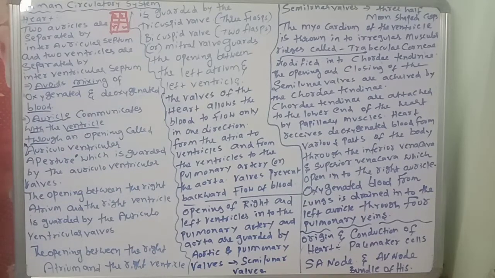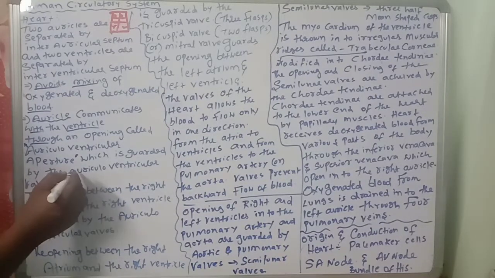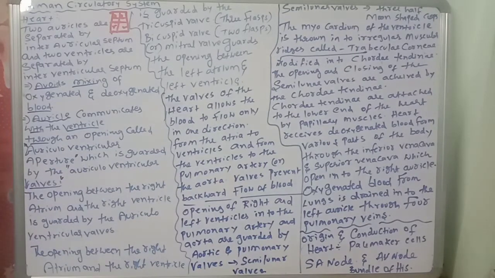The auricle communicates with the ventricle through an opening called the auriculoventricular aperture, which is guarded by the auriculoventricular valves.